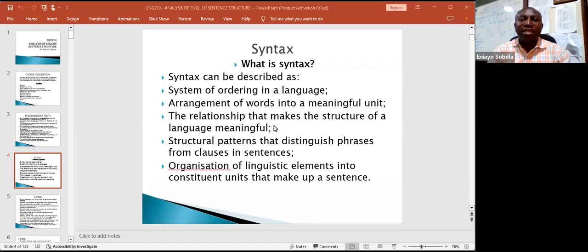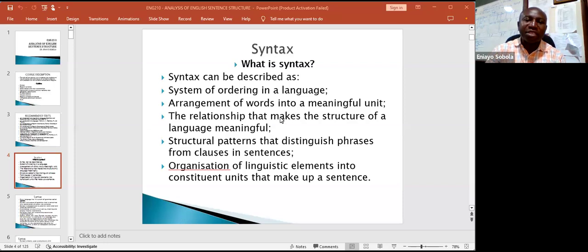You realize that the meaning will not come out of that unit. And that's why we call it arrangement of words into a meaningful unit. Syntax will guide you on how you arrange your words to make meaning in language.